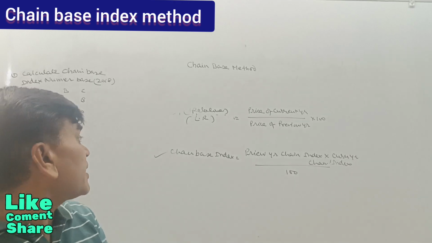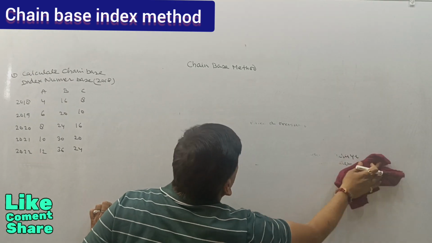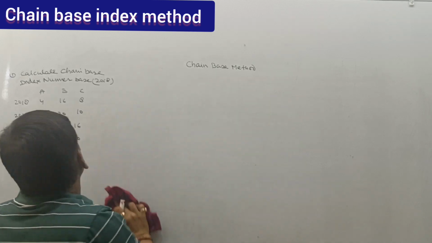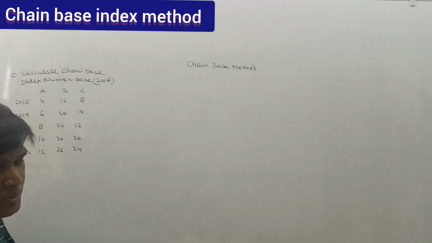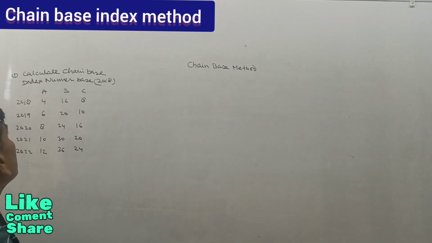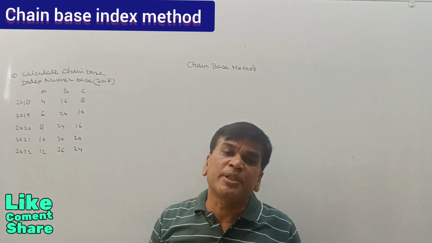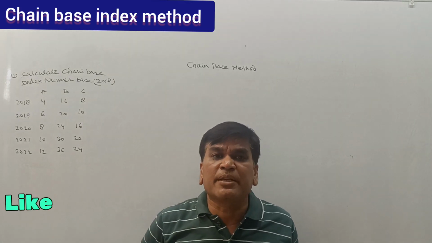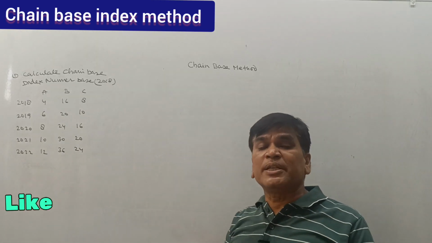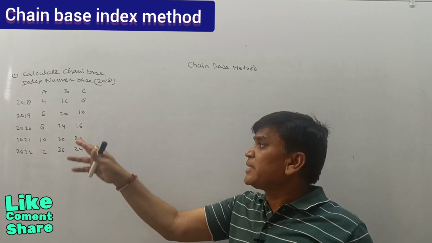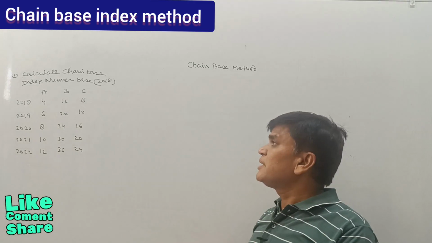I have a question to solve, to learn how to use the chain based index method. We have to calculate the chain based index number starting from 2018. The prices of three commodities, A, B and C, are given. For commodity A, the price in 2018 is 4 rupees, in 2019 6 rupees, then 8, 10 and 12 rupees.